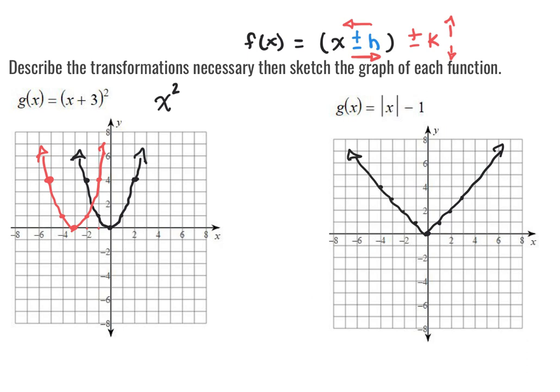Now my number, -1, is on the outside. It's not directly affecting x, so this is my k. Because it says -1, we're going to go down 1. So each point is just going to go down 1 from before. And the red image is my new function.